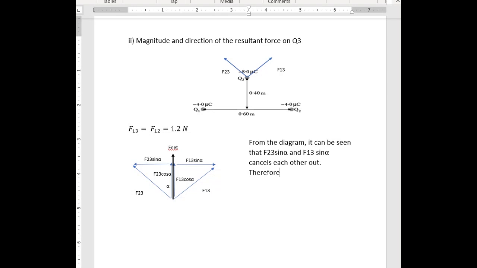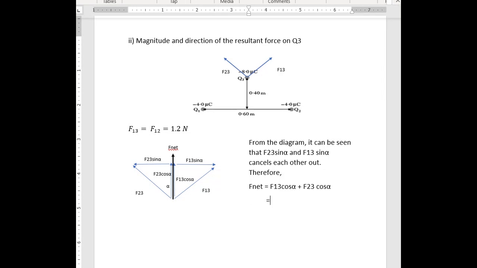Therefore, F net will equal F13 cosine alpha plus F23 cosine alpha.